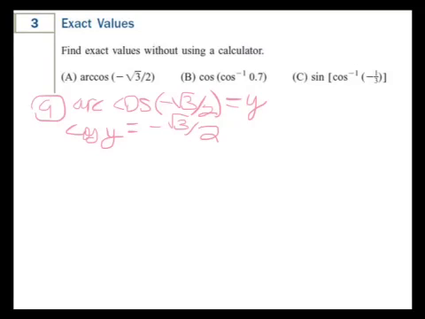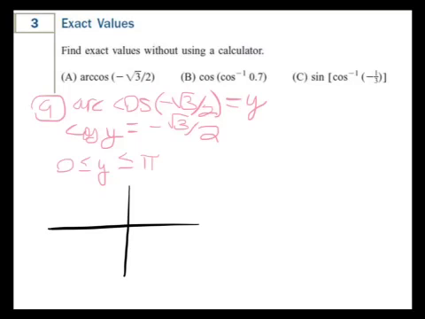Okay, so the best way to do this is to look at what we're talking about here. Our domain is going to be from 0, because we're talking about the arc cosine. So we're going from 0, which is less than or equal to y, which is less than or equal to pi. Let's draw our graph.